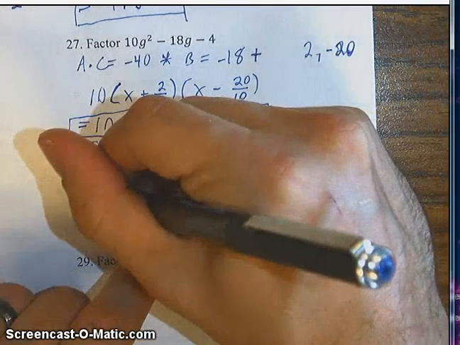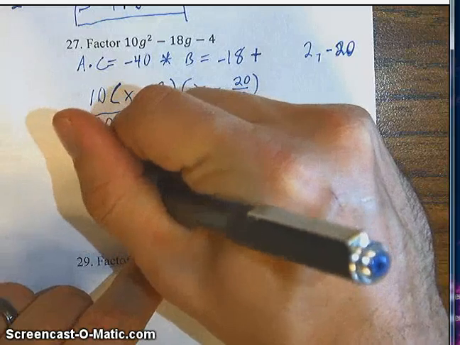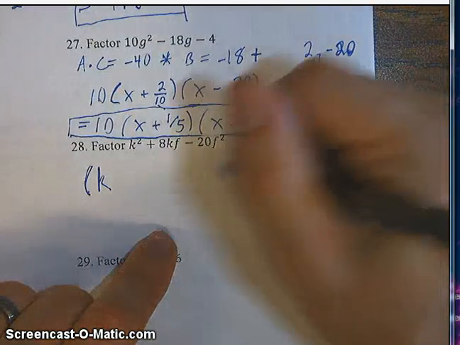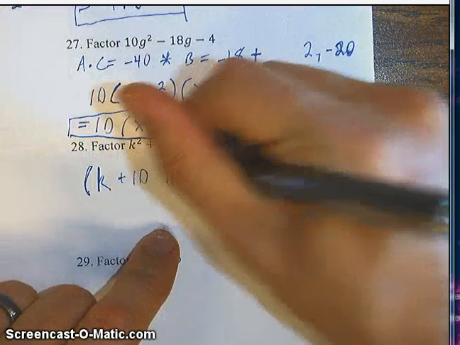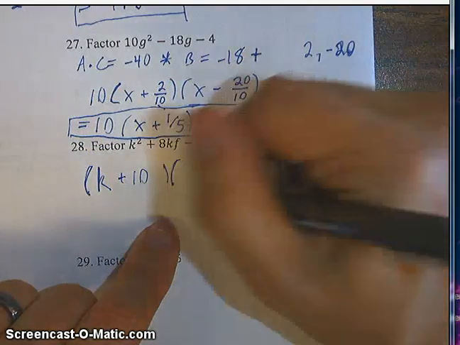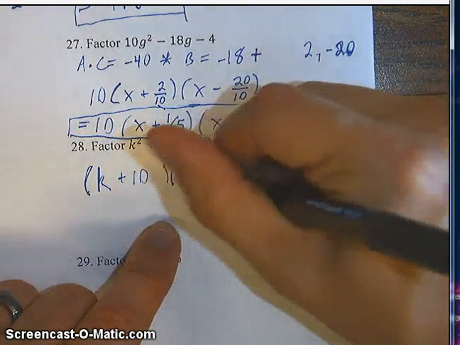So we can write this thing out. Let's use k's. k plus 10 and k minus 2.